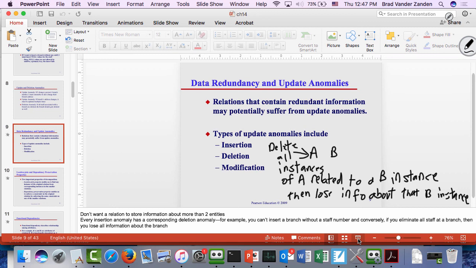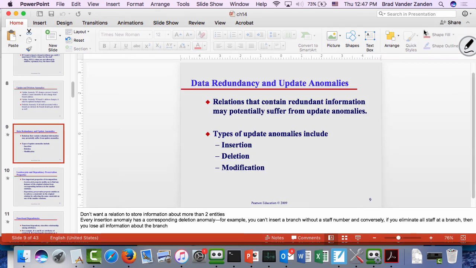There's no way around that. But if it's not a foreign key and it's not a primary key, then we do our best to not store an attribute's value multiple times. We try to store it just once. And the point of normalization is to get our relations into a state such that none of these three anomalies exist.